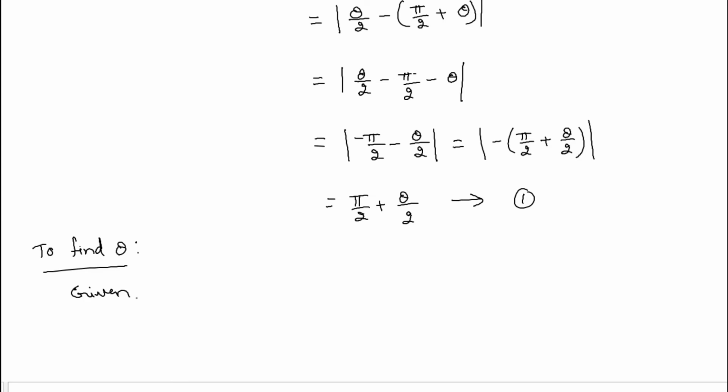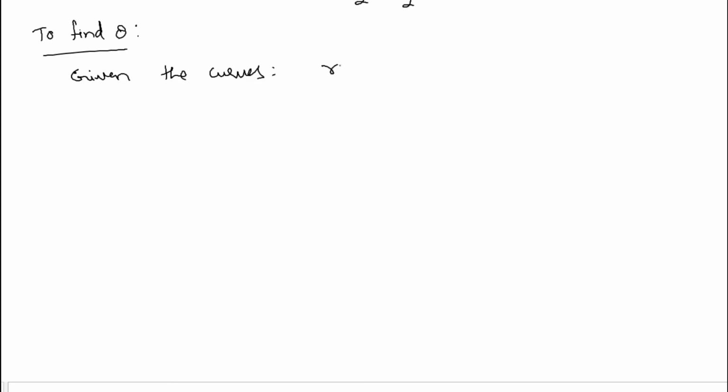Given the curves r is equal to a into 1 minus cos theta, and r is equal to 2a cos theta. Take this as equation number 2, and this as equation number 3.